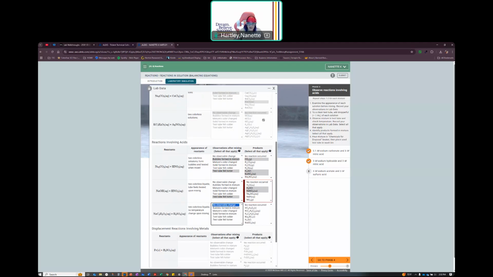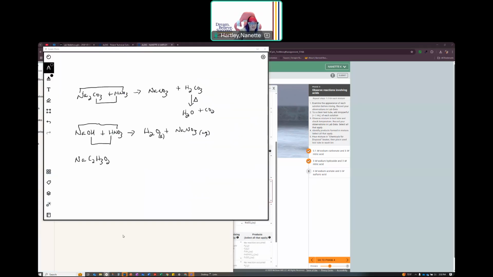And if I look at the reaction between sodium acetate, which is NaC2H3O2, so this is the acetate ion right here, the C2H3O2, and then the Na, and then the sulfuric acid, which is H2SO4. If I were to do this reaction, I'd be looking at Na going with SO4 and the H2 going with the C2H3O2.